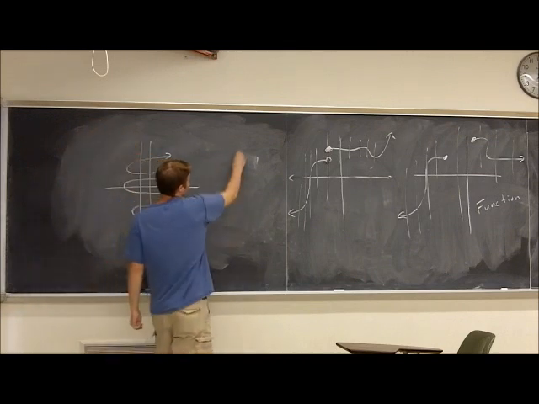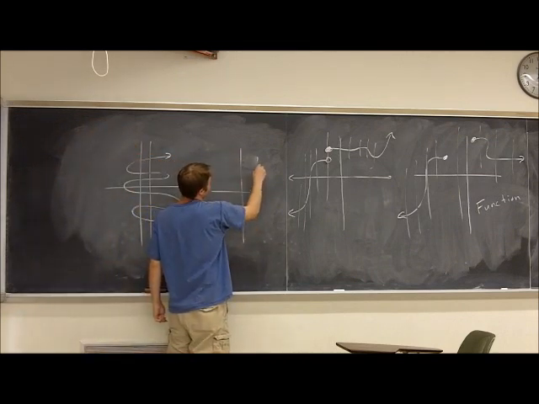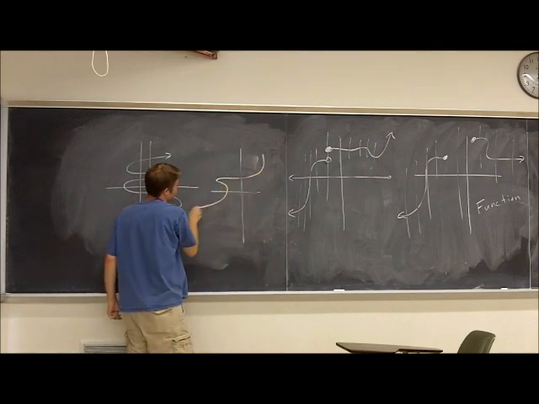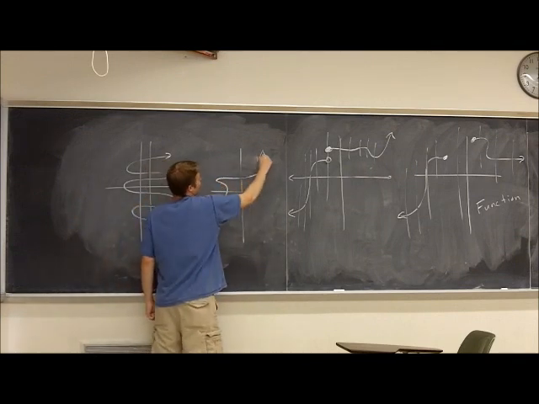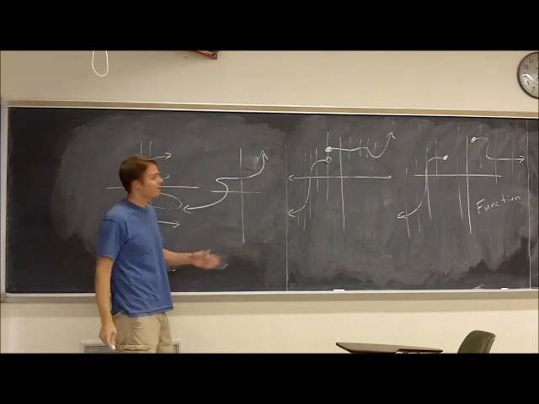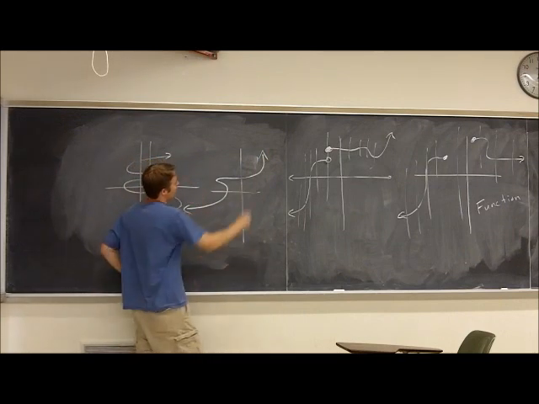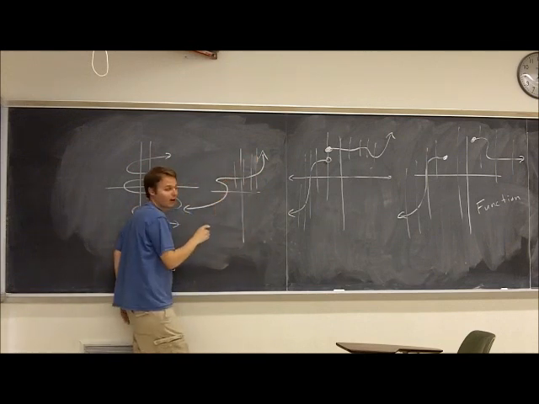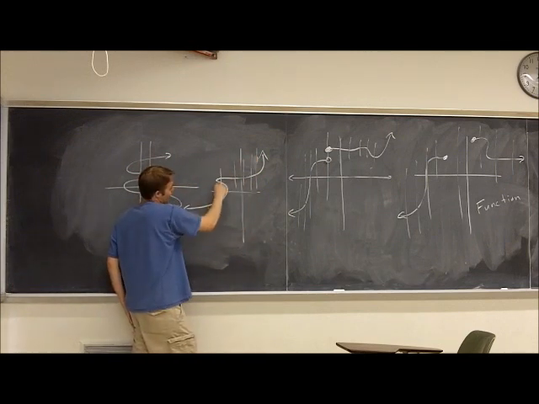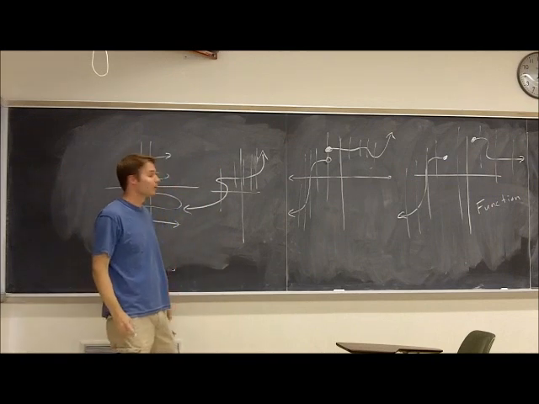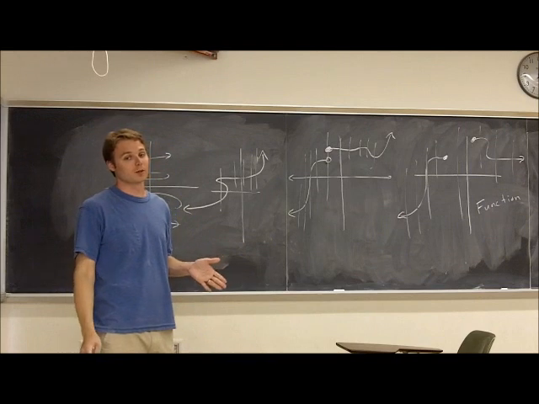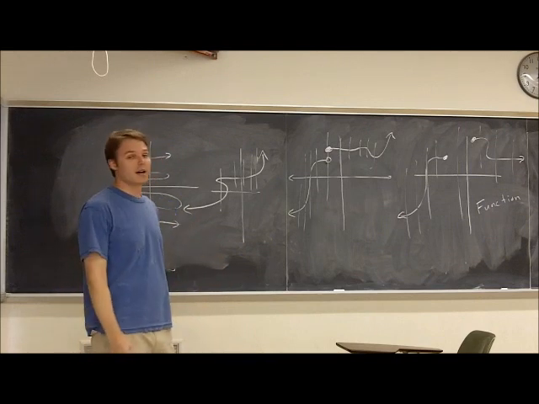Now, I have to be careful, because you could draw a graph that looks something like this. In most places on the graph, you can draw a vertical line and only hit the graph once. But right here, you draw a line and hit it 3 times. So if there's even one spot on the graph where you hit it more than once by drawing a vertical line, it's automatically not a function.